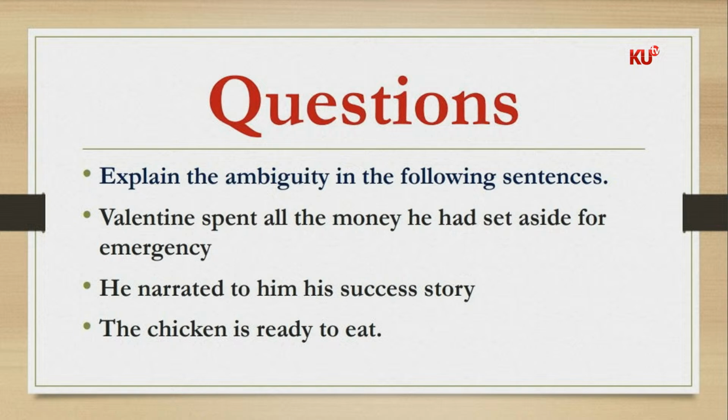And then the second meaning is that you have someone who is called Valentine, and this Valentine had some money that he had set aside for emergency, and because of 1 or 2 reasons, he ended up spending the money that was supposed to be for emergency.